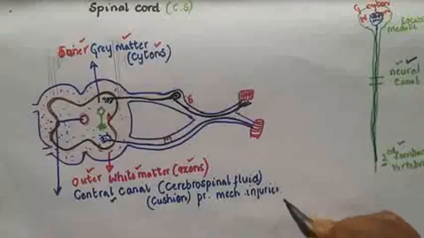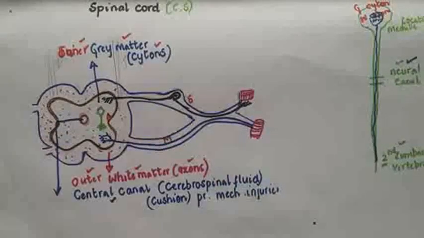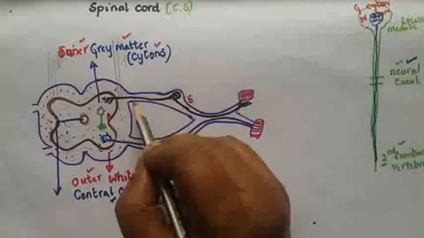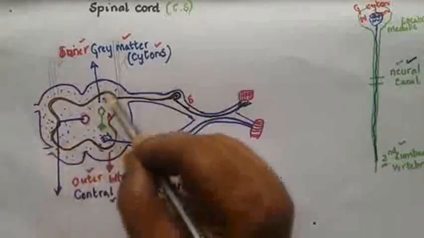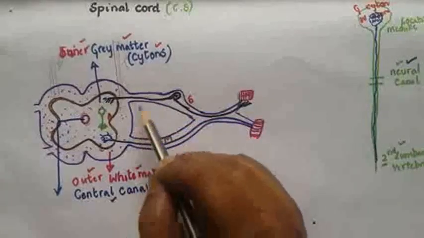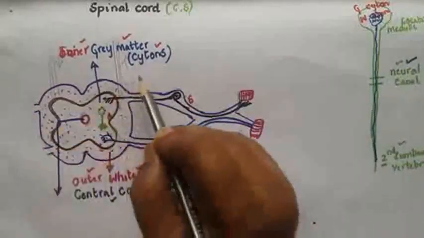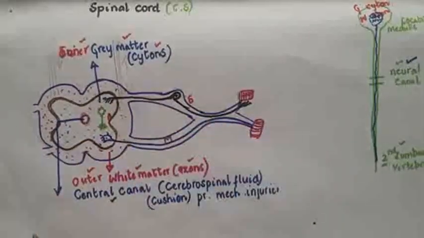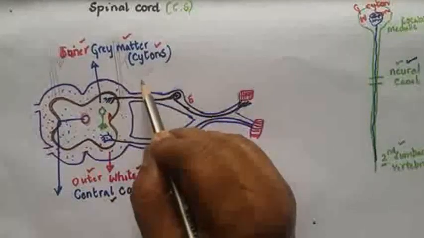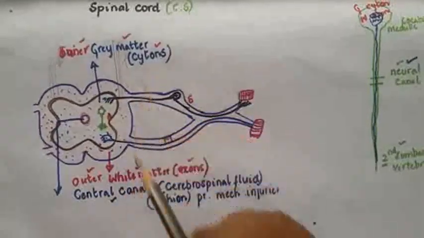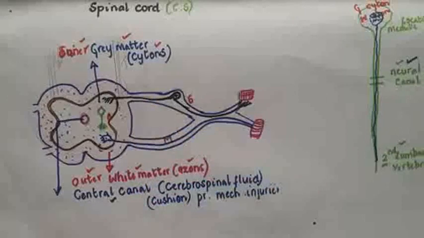Just like the brain, the spinal cord is also covered by 3 membranous coverings. If you remember, the outer dura mater, middle arachnoid, and inner pia mater, which also enclose the cerebrospinal fluid within them.